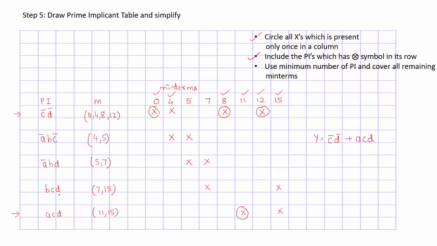If you select BCD, only 7 gets covered. Whereas if you select A bar BD, both 5 and 7 get covered. So the output expression will have A bar BD, which will cover minterm 5 and 7. So step 3 is also done and this is your final expression.